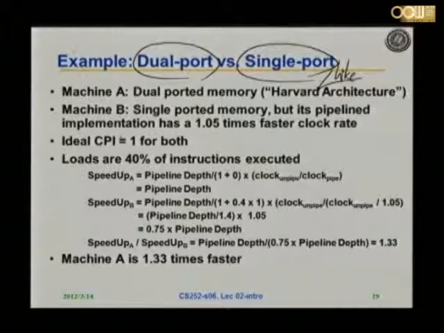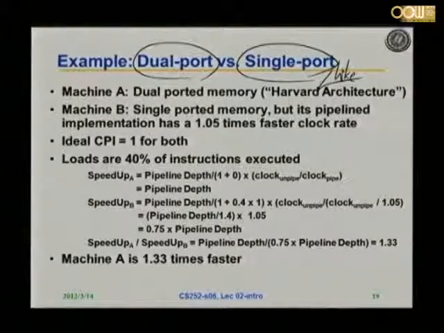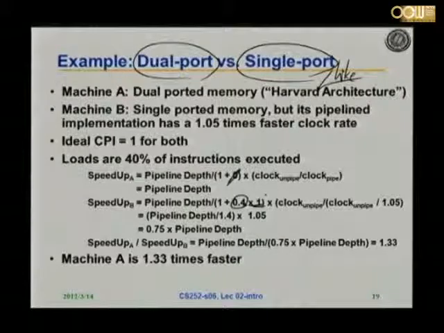So ideal CPI is equal to 1 for both, but assuming that loads are 40% of the instructions executed, then the speed up of machine A will be pipeline depth over 1 plus 0, because there are no stalls due to structural hazard, and the clock unpipelined over clock pipelined, so the speed up is equal to the pipeline depth. Yet for machine B, there'll be a 40% chance we need to stall the pipeline for 1 cycle.